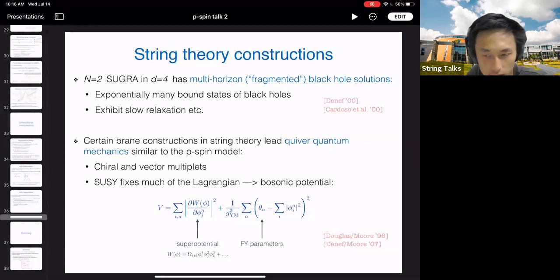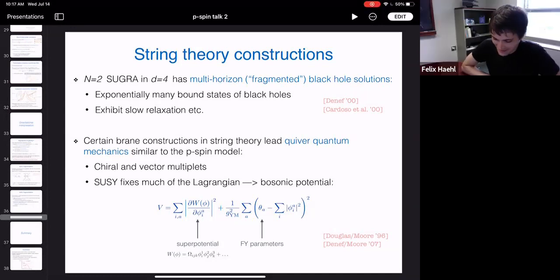So can I ask something? When you say that you have this emergent conformal symmetry in the spin glass phase, can you say a bit more about it? Is there the same pattern of symmetry breaking as for the Schwarzian, or is there a Schwarzian-like action? That's a good question.